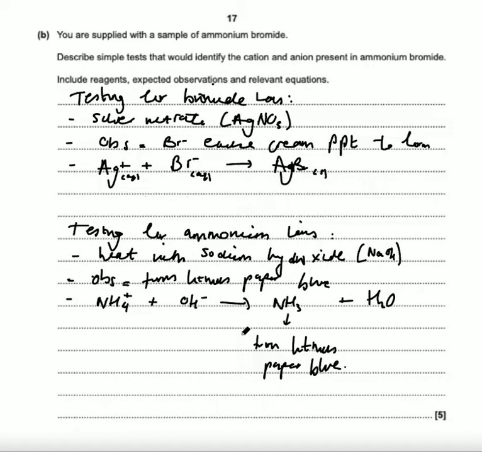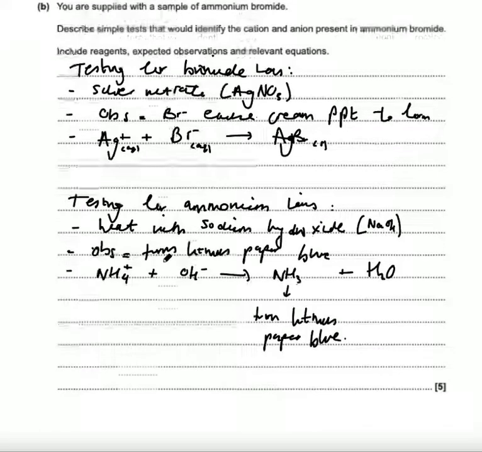Right, you are supplied with a sample of ammonium bromide. Describe simple tests that would identify the cation and anion present in ammonium bromide. Right.